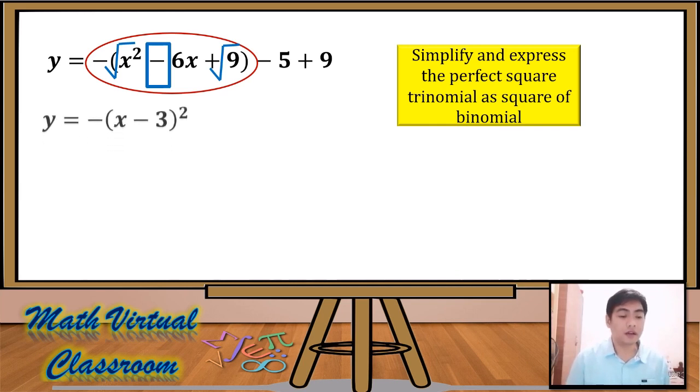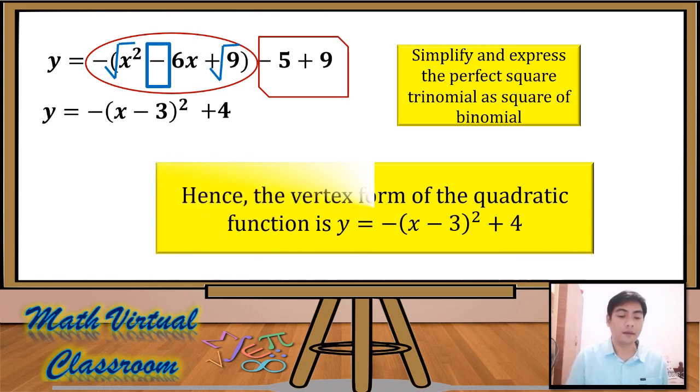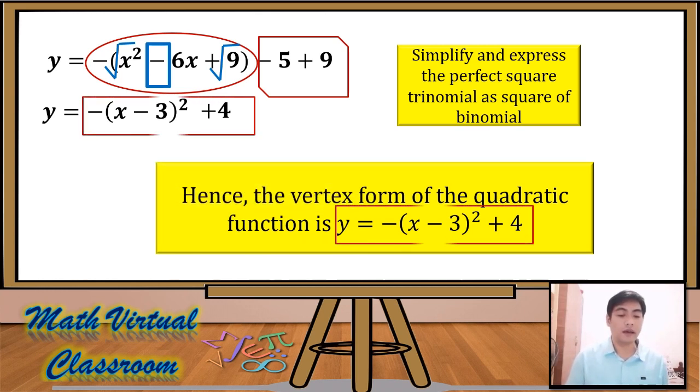So the resulting function now is y equals negative quantity of x minus 3 squared. Then we simplify negative 5 plus 9. That would give us positive 4. Hence, the vertex form of the quadratic function is y equals negative quantity of x minus 3 squared plus 4.